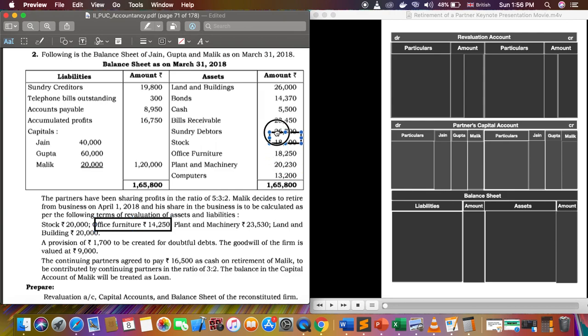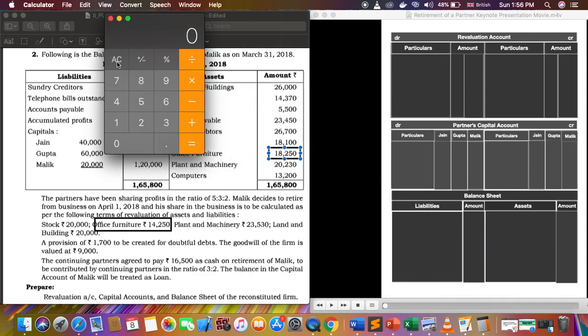As we can see, office furniture has reduced. So just pull out the calculator, write the new value which is given in the adjustments, 14,250, and minus the value given in the balance sheet from it, 18,250. So that's minus 4,000. This minus sign straight away is telling you that the value is reducing.